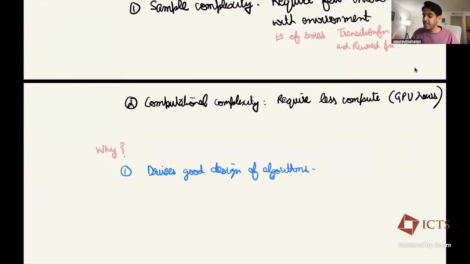Also, as a practitioner, if I know certain problems are just harder, it will mean that I should collect more data for that problem. So it helps inform how much data you really need for your problem.